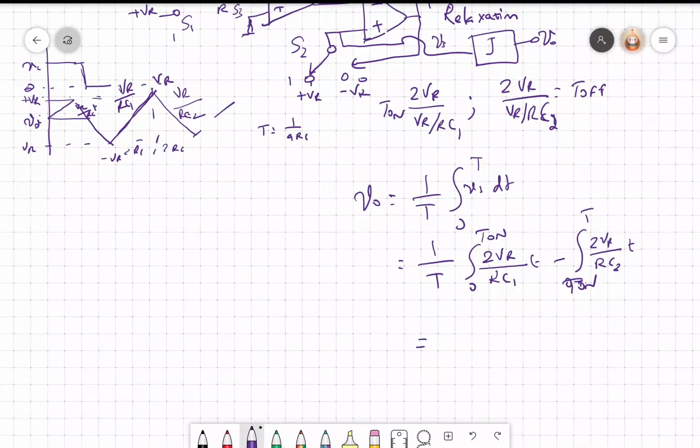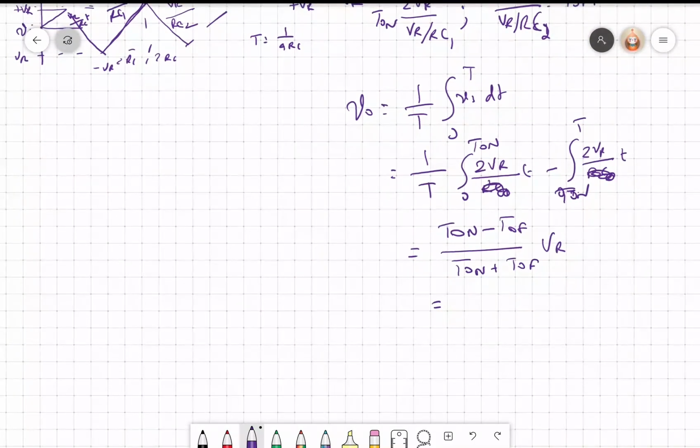So this will be T on minus T off by T on plus T off into VR. So that would be equal to, if I substitute, C1 minus C2 by C1 plus C2 into VR.